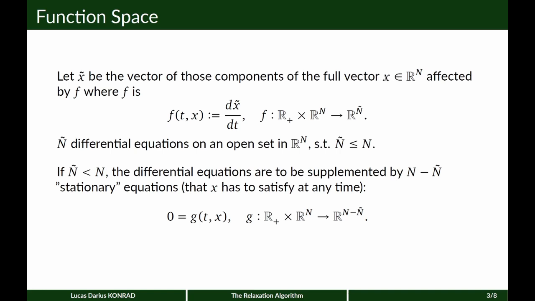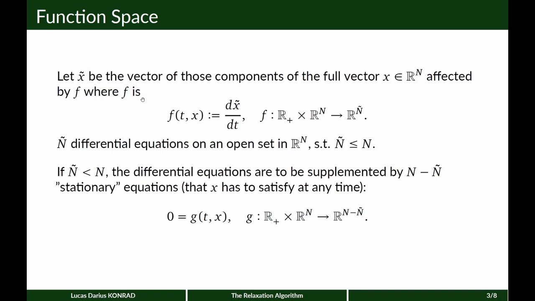In principle, this could be the same as just x, right? X are all the variables that we have. There's nothing stopping us from saying x tilde is the same as x, and in the Ramsey-Cass-Koopmans case, this is actually the case. But in the more general setting, it doesn't need to be the case. So we have capital N equations, right? Not all of them need to be dynamic.